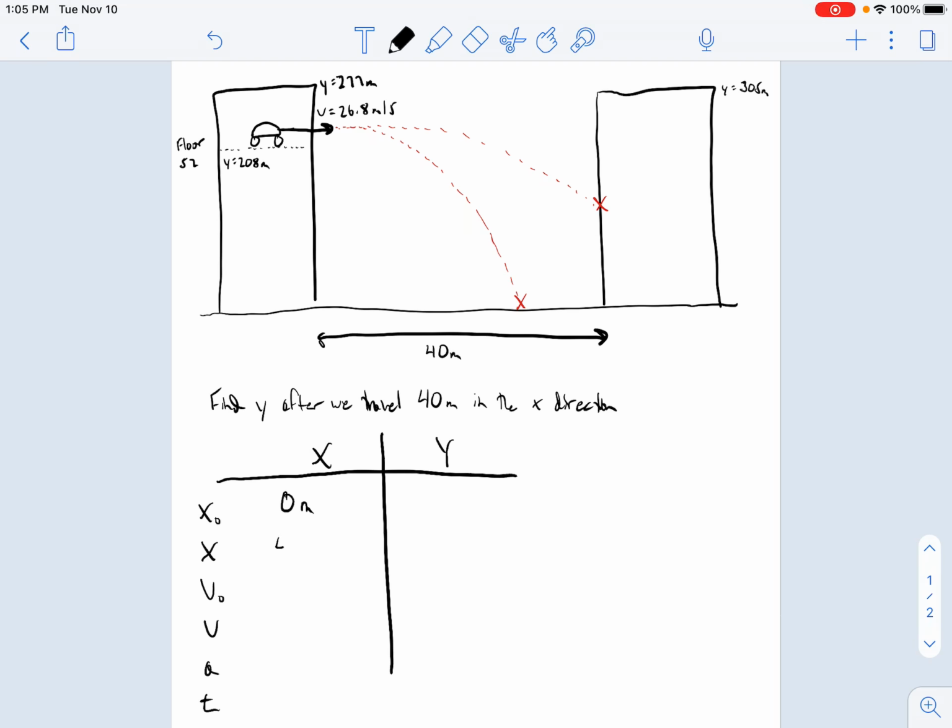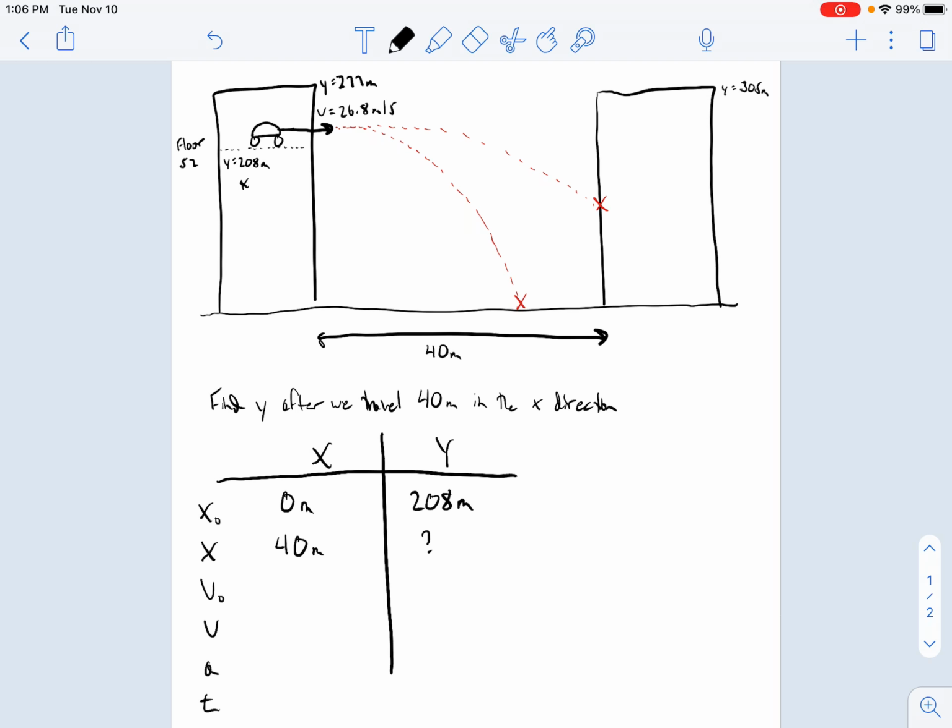So our final position in the x is going to be 40 meters. When we look at the y direction, we're going to use this 208 meters, our estimation of being at floor number 52. So we're going to start off with an initial height of 208 meters. My height that I'm trying to figure out, which will allow us to figure out if we crash into the second building or if we fall too short, is unknown. That's what we're trying to solve for.